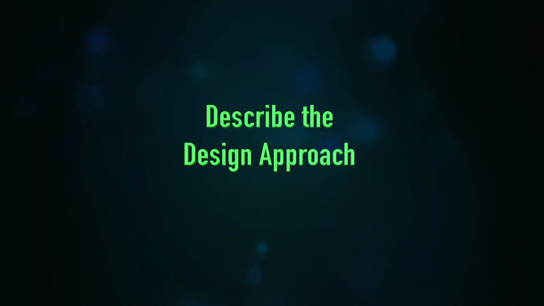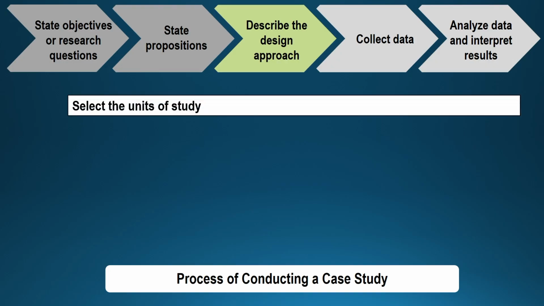Then the third step in case study: researchers describe in detail, in explicit terms, the approach which you are going to follow. And here you are concerned with selecting the unit of study. The unit of study can be an individual.